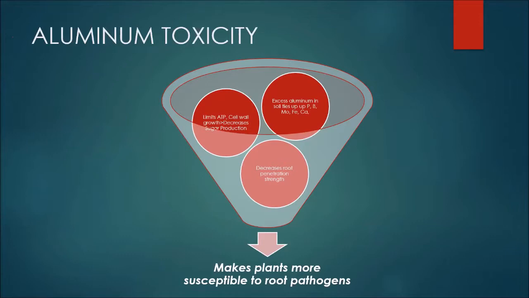By limiting your root penetration strengths, you then make the plant more susceptible to root pathogens. So aluminum toxicity is something that we consistently see every week in, week out, in terms of our plant's capabilities to respond to challenges. And where they have aluminum, it's one of the biggest inhibitors of proper plant growth that we see on any lab test.